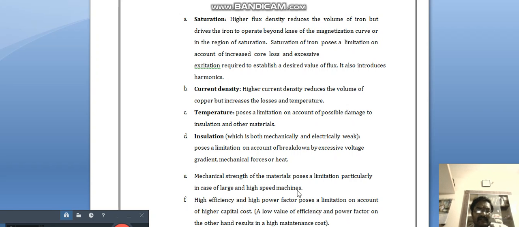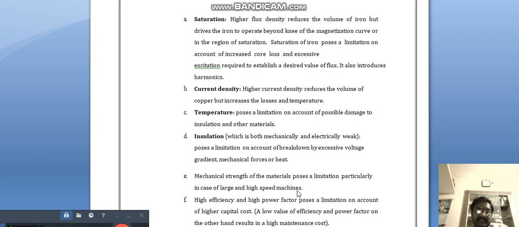The mechanical strength of the machine should withstand the vibrations produced in that motor or generator. If it is not withstandable, what will happen? Large, high speed machines will be damaged. Strength of the material imposes limitations, particularly in case of large and high speed machines.